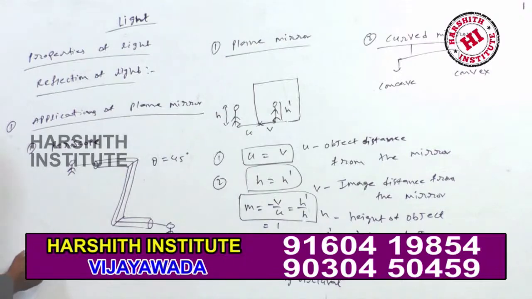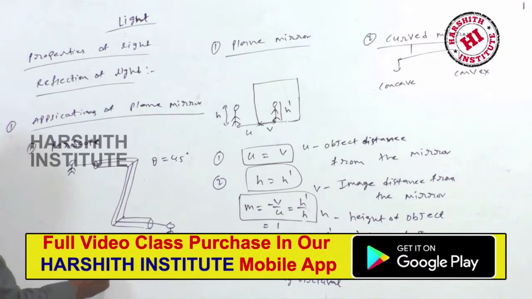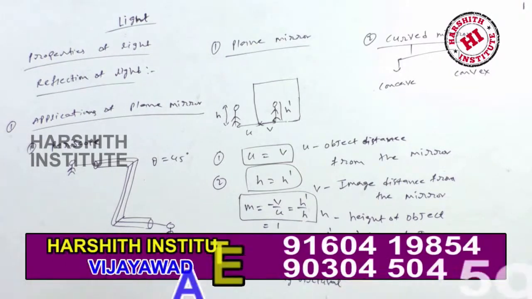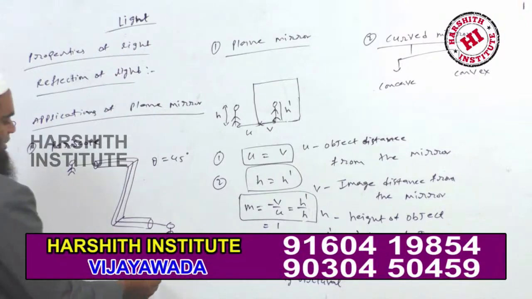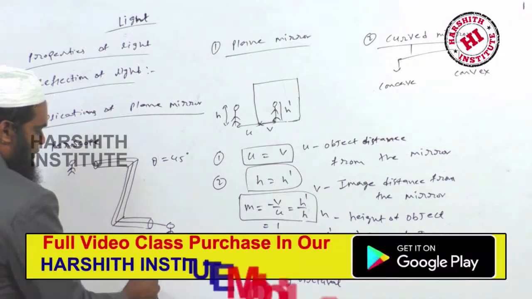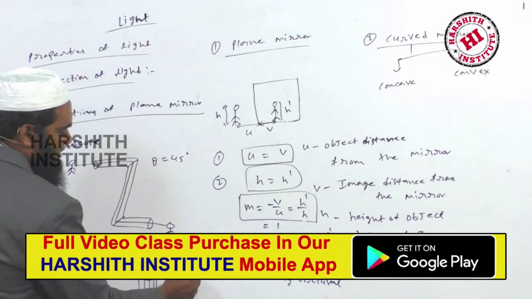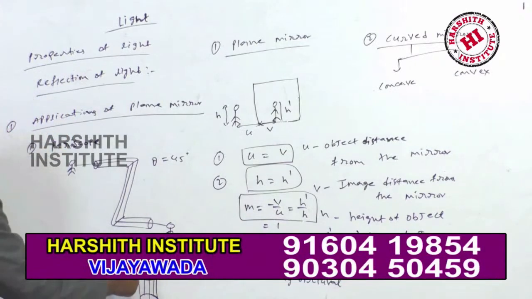The second application is the kaleidoscope. A kaleidoscope has a cylindrical shape. We use plane mirrors, and the angle will be approximately 60 degrees. So this is a kaleidoscope we use in daily life.